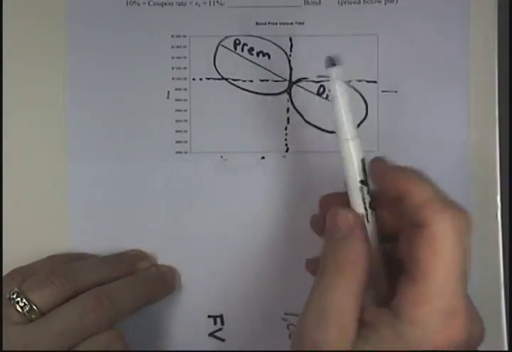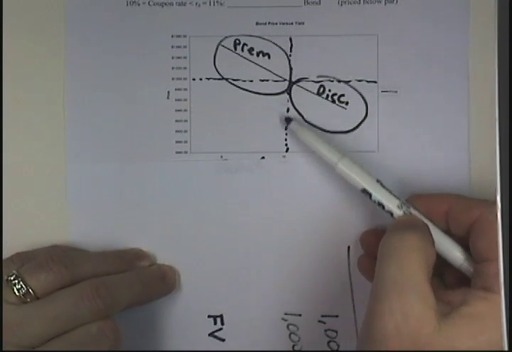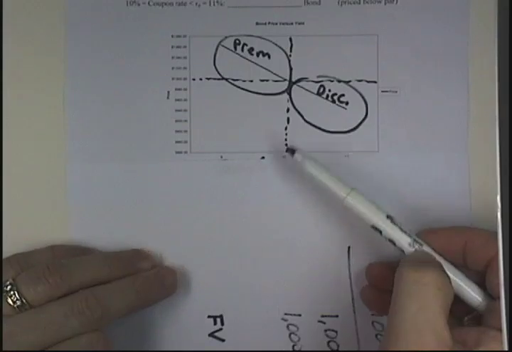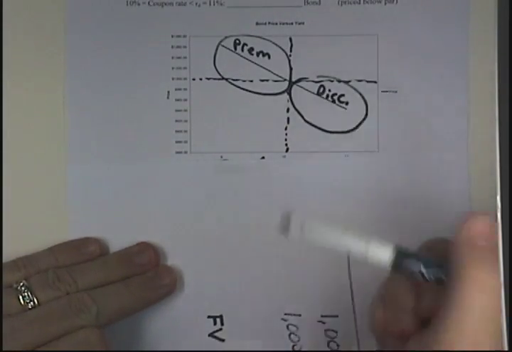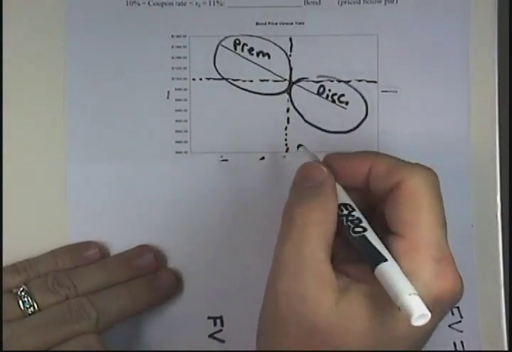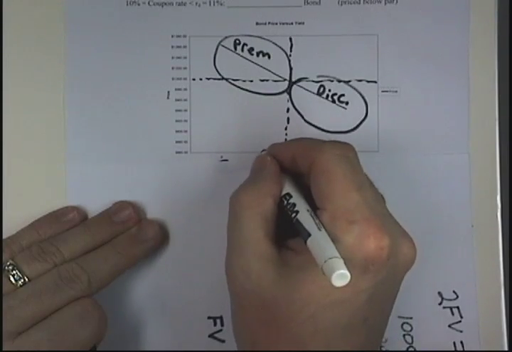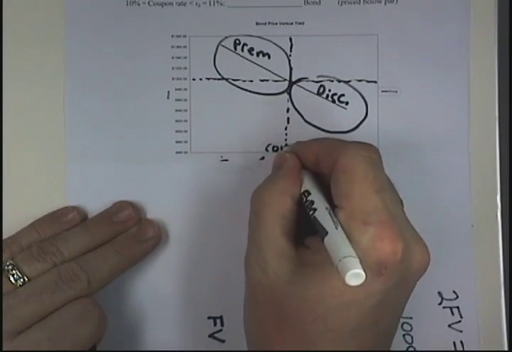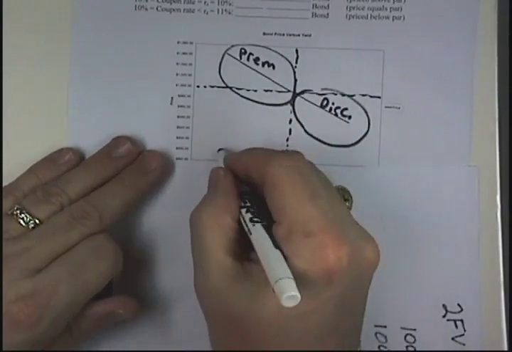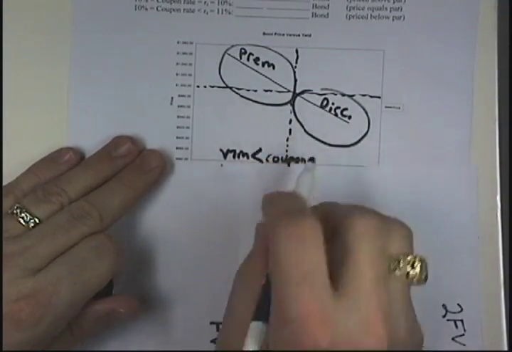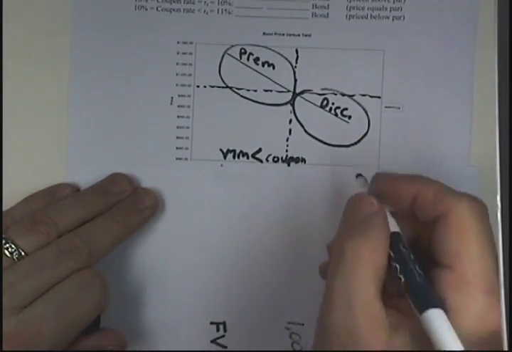So in our example in the chapter, example 7.1, we dropped a vertical there at the bond's coupon rate of 10% and drew a horizontal at the bond's par value of $1,000, and we saw that it sold at a premium when the yield to maturity was below the bond's coupon rate of 10%. So when the yield to maturity was relatively low, the coupons were relatively high, and the bonds sold at a premium.